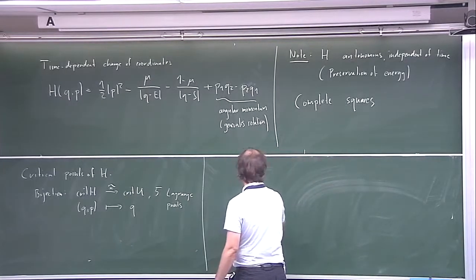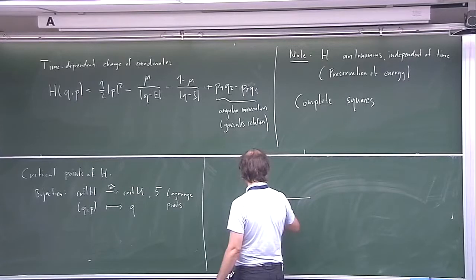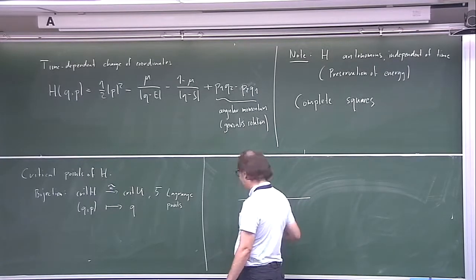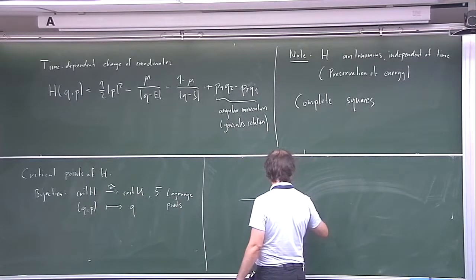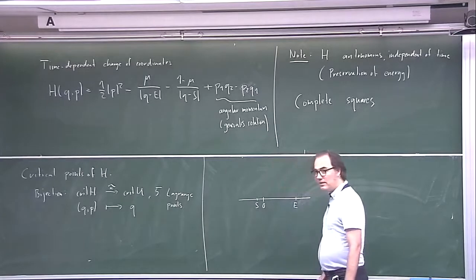So they are located like this. Here is the origin, the center of mass, and then here we have the Sun, and here we have the Earth, and then we have the first 3 Lagrange points.